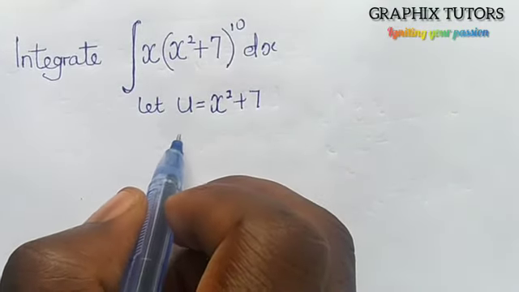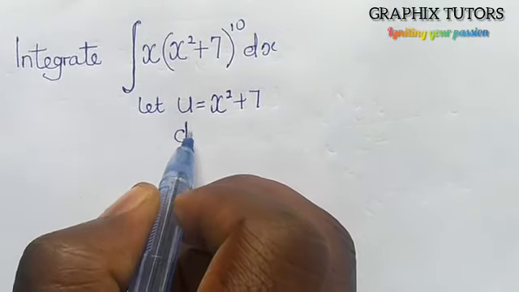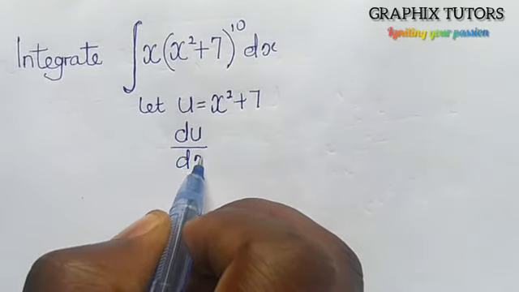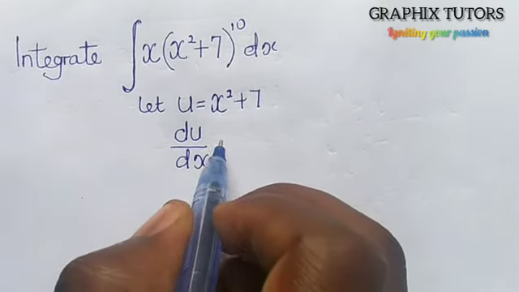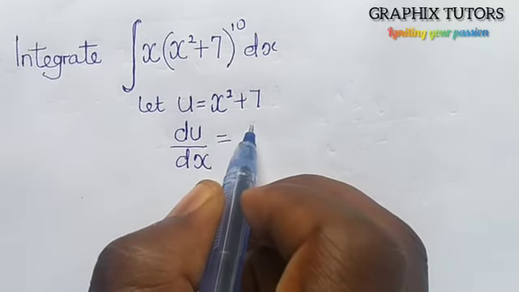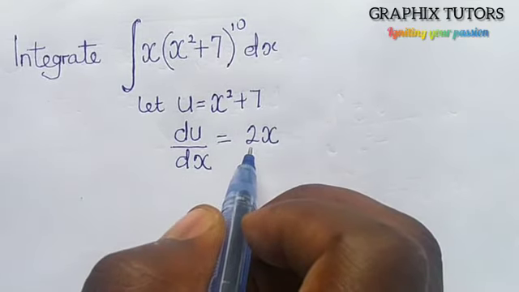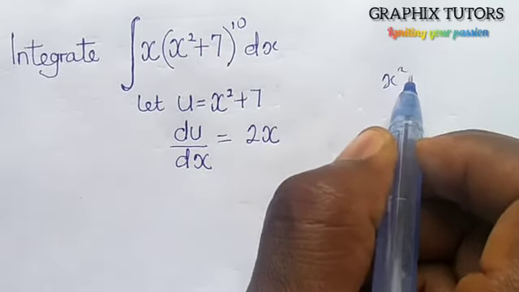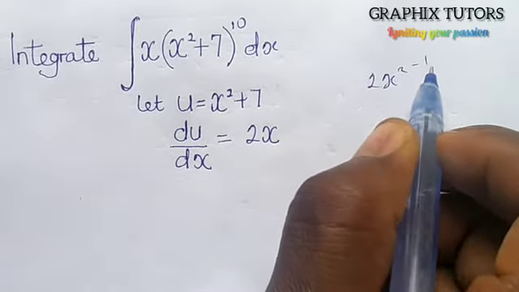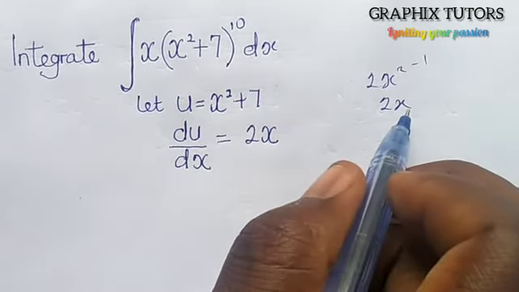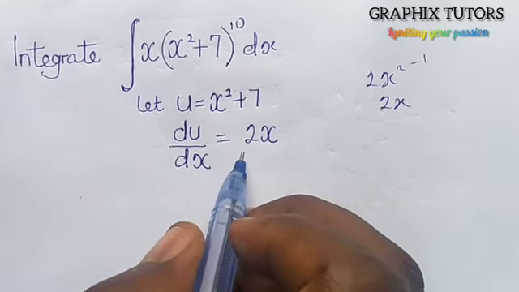If you differentiate this, du over dx is going to give me 2x, which I explained earlier. When you have x squared and differentiate it, the 2 comes down, you subtract 1, and that gives 2x. Because 7 is a constant, you ignore it, as it gives 0.